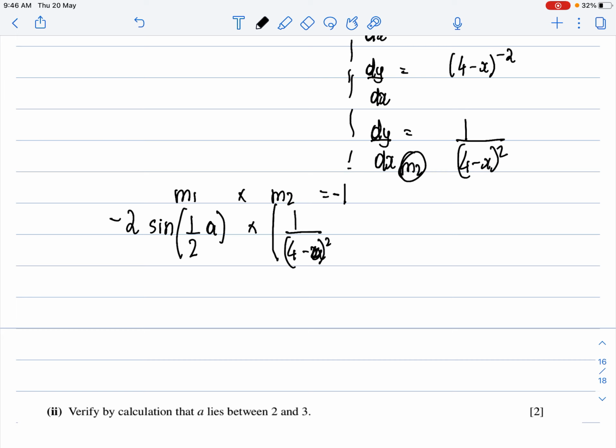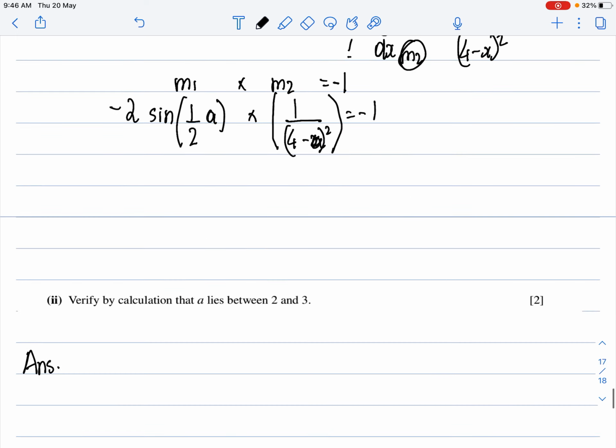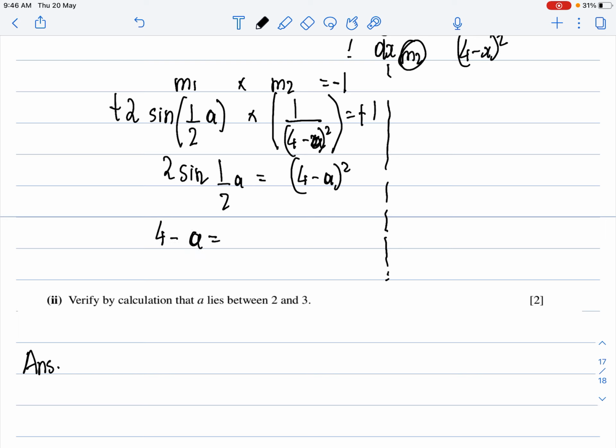So this is minus 1 times 1 over 4 minus a the whole square, which equals minus 1. So I can cancel the minus here, correct? So I get simply 2 sine half a is equal to 4 minus a the whole square. Now I'll just make a line here, running out of space. So now I can write this as 4 minus a equals the square root of 2 sine half a, because when the square goes to the other side it becomes a square root.